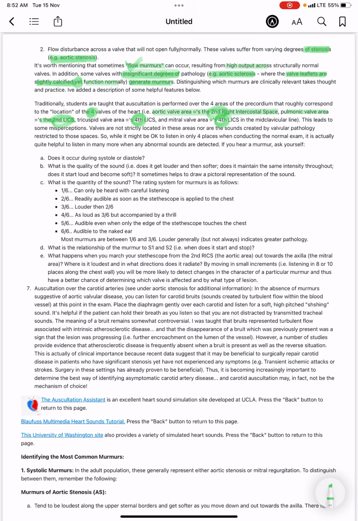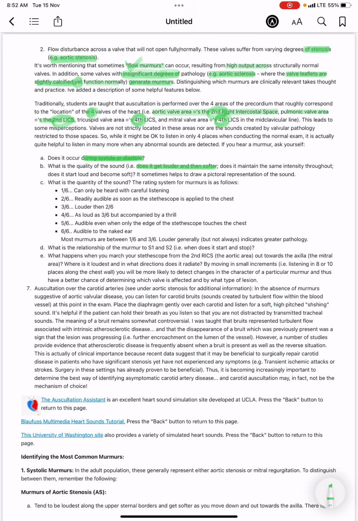If you hear a murmur, you have to ask yourself: does it occur during systole or diastole? What is the quality of the sound? Does it maintain the same intensity throughout, or does it get louder and then softer?